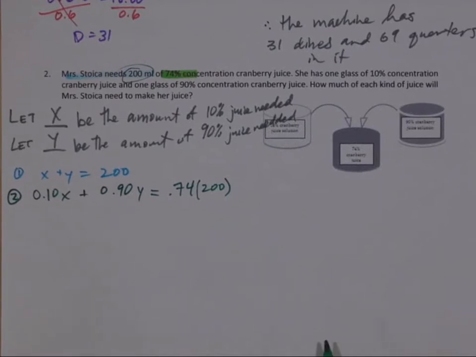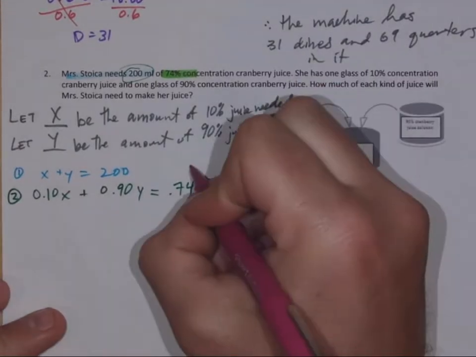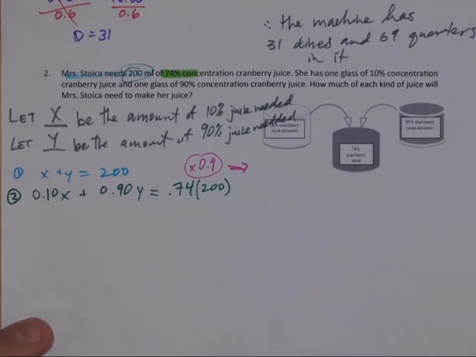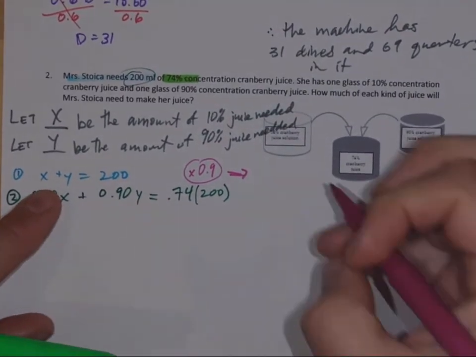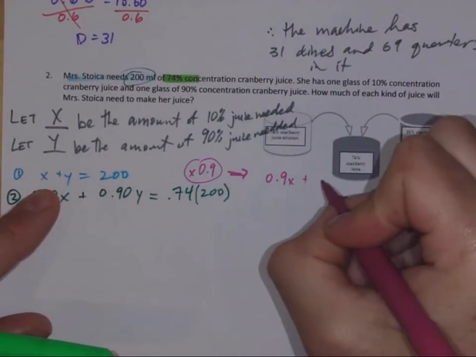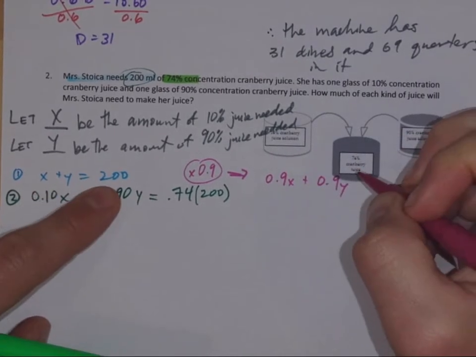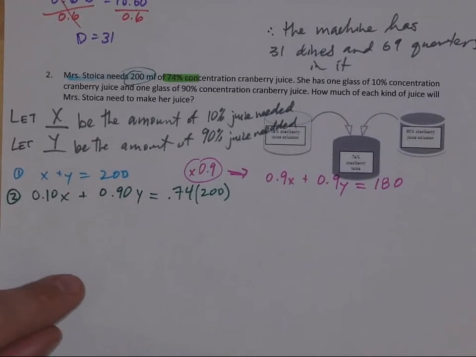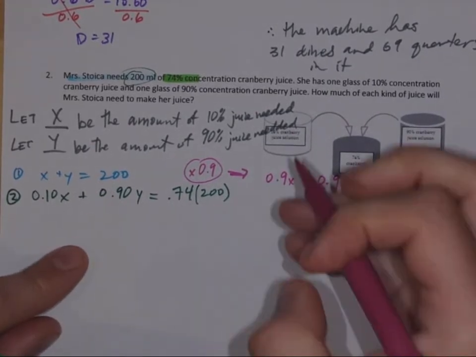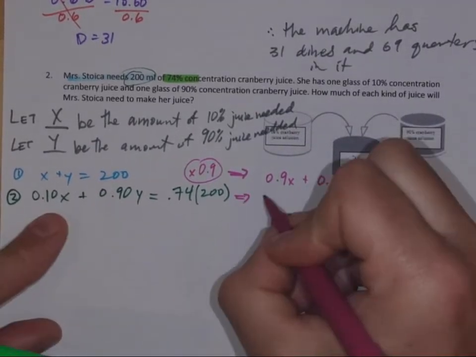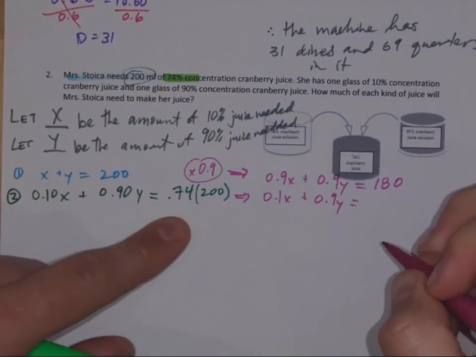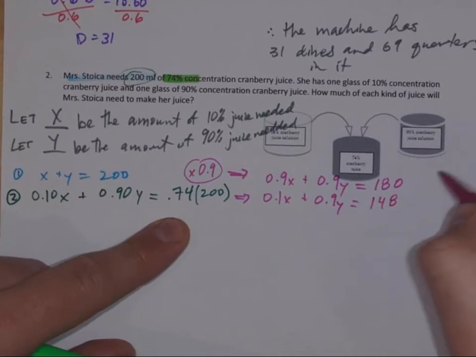If I want to eliminate the Y, I do equation 1 times 0.9. 200 times 0.9, 180. This equation, I'm just going to simplify that number, so let's slide it over. 0.74 times 200, 148.